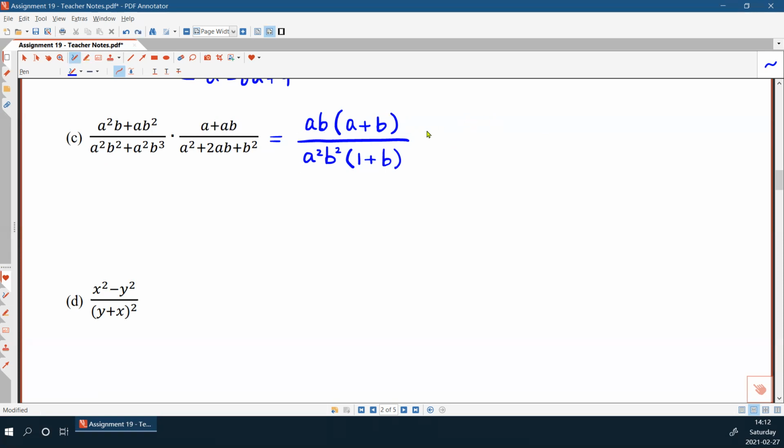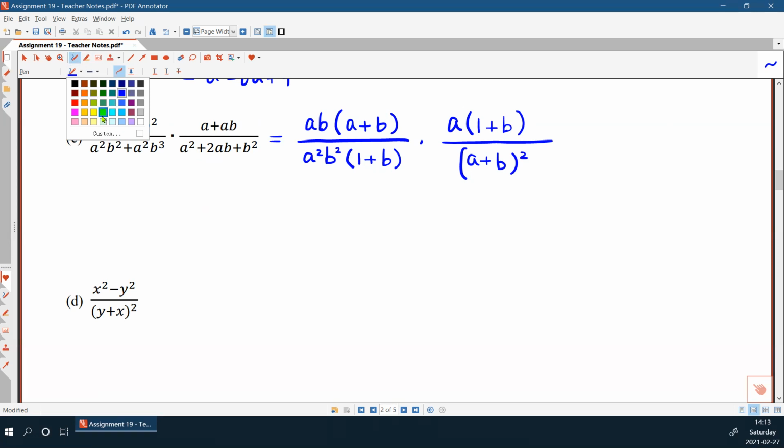So let's do this later. Next part, the common factor is a. So put a in front, and you will get a plus b in brackets. And a squared plus 2ab plus b squared, this is apparently (a plus b) squared, right? Okay, now everything is in the factored form.